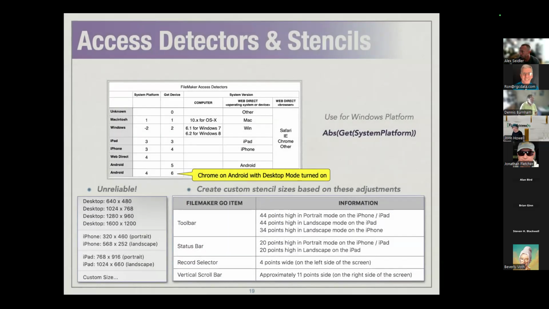I keep a little graphic handy on my computer, which I call access detectors, so that I don't have to resort to my memory or the help file to know the system platforms and the device numbers. I ran into a peculiar one a few months ago when I was doing a WebDirect layout for Android users.